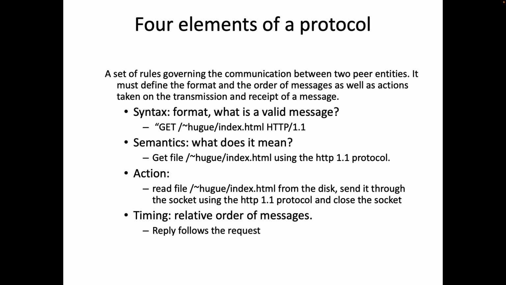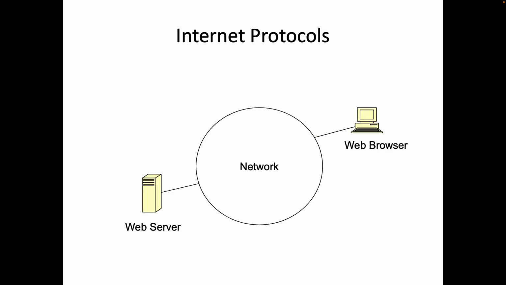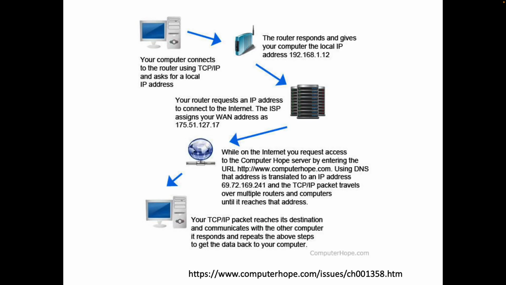So these non-blocking mechanisms or asynchronous communications are very common today. But again, timing, the relative order of messages, should be part of it. So the internet protocol is really very complex because it takes so many different components and there are so many things. Think about just a simple communication of sending a message from one computer to the other.